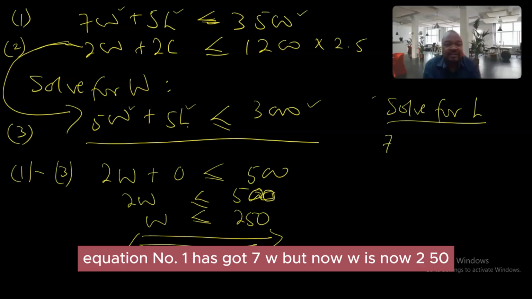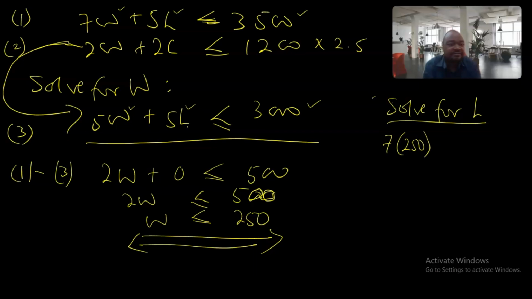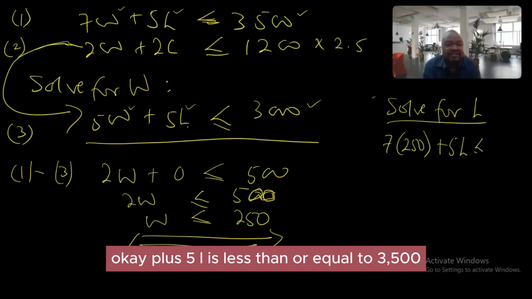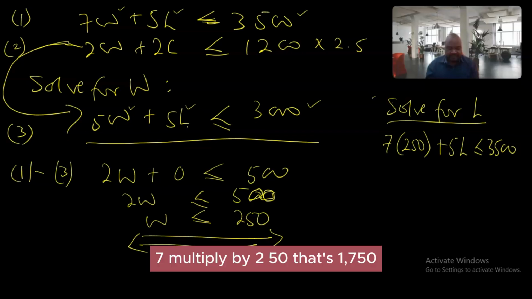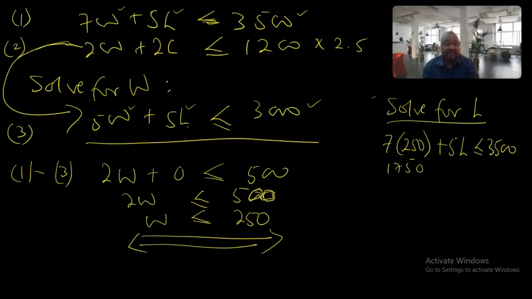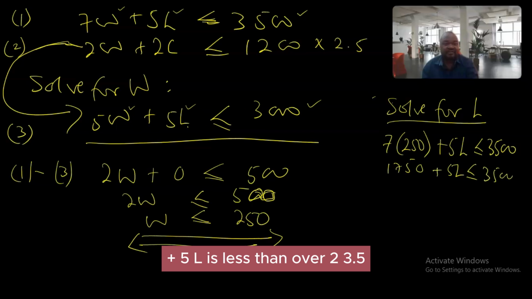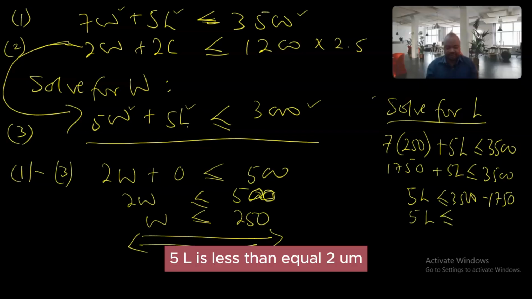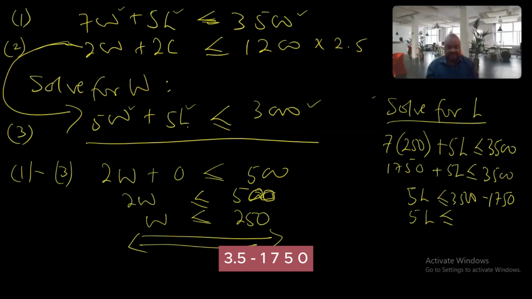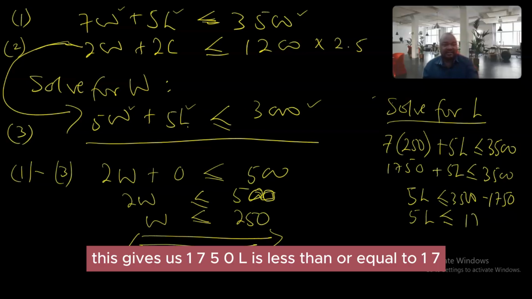Equation number 1 has 7W, but W is now 250, plus 5L is less than or equal to 3,500. 7 multiplied by 250, let me use my calculator, that's 1,750, plus 5L is less than or equal to 3,500. 5L is less than or equal to 3,500 minus 1,750, which gives us 1,750.